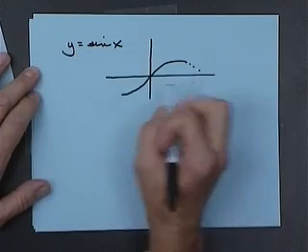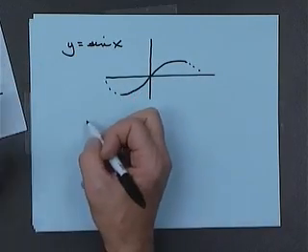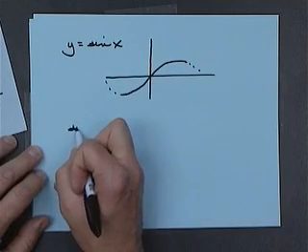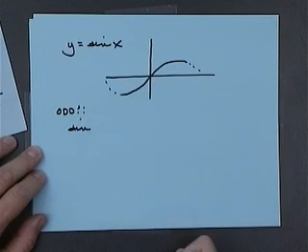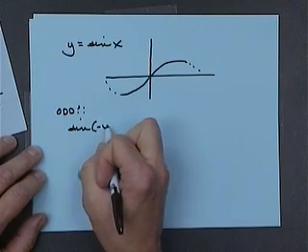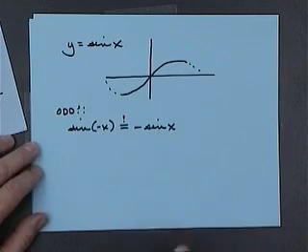So you could get the rest of the picture going here to validate that, but the real reason why is we're trying to determine if it's odd or not: is the sine of negative x the negative of the sine of x?